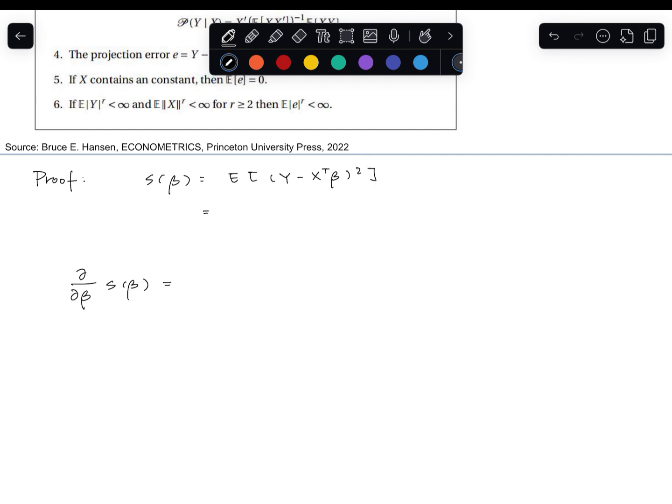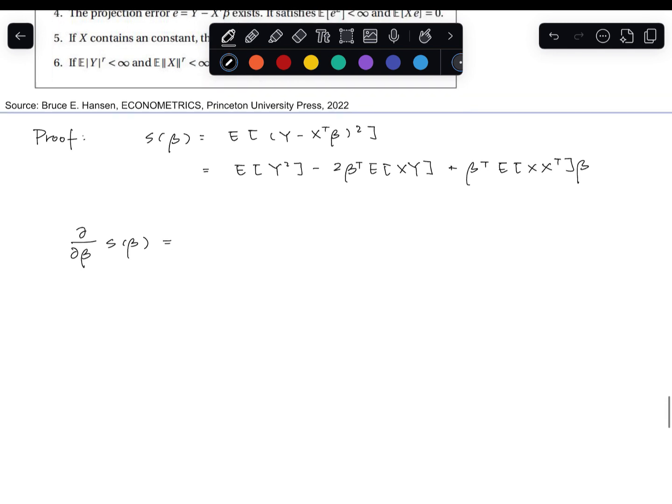First, let us expand it into some parts. The first one is y squared, and the second one is beta transpose E[xy]. We use this one because they are all matrices.